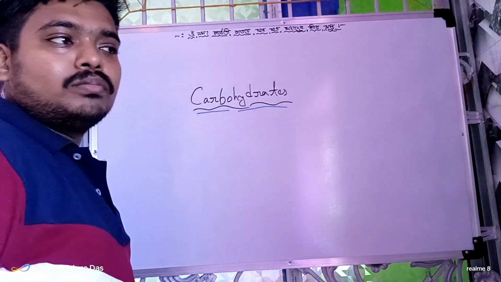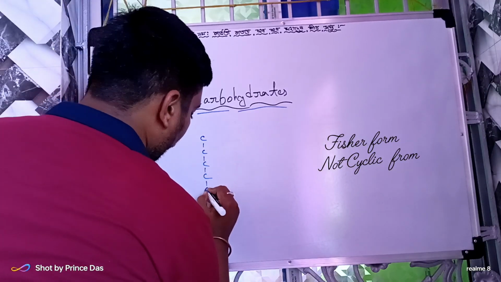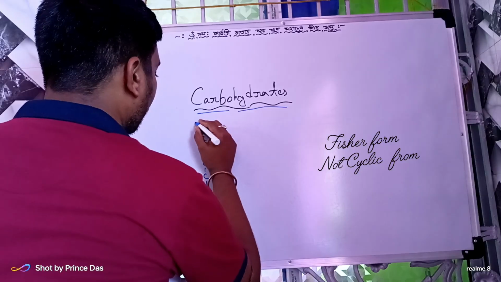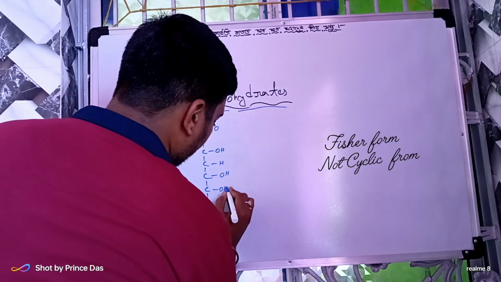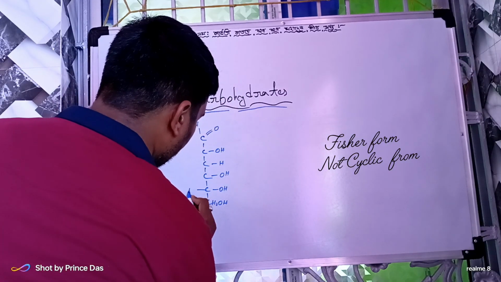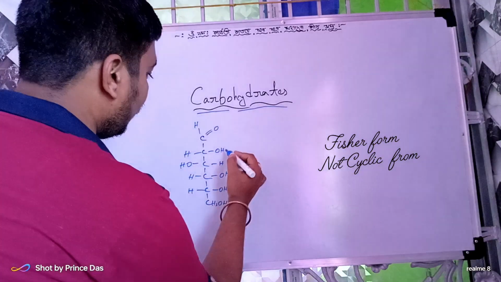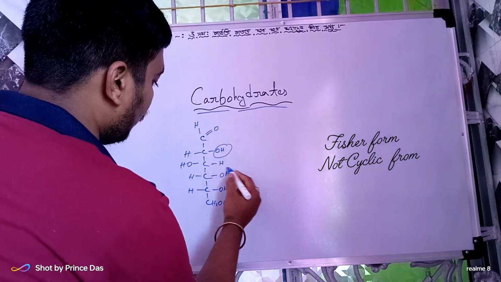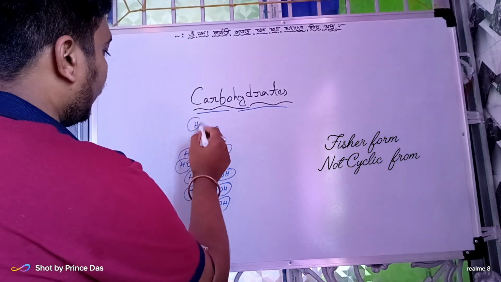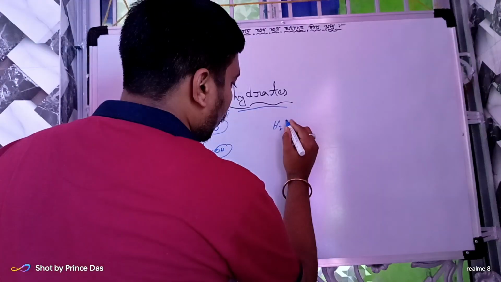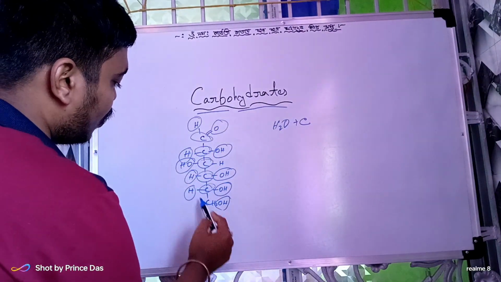So let's see the cyclic structure of glucose. Here we can see hydrates: OH, OH, OH, OH, hydrogen, OH, OH, OH, H, O. So we need H2O, and adding with carbon, because here you can see carbon, carbon, carbon, carbon, carbon, carbon.